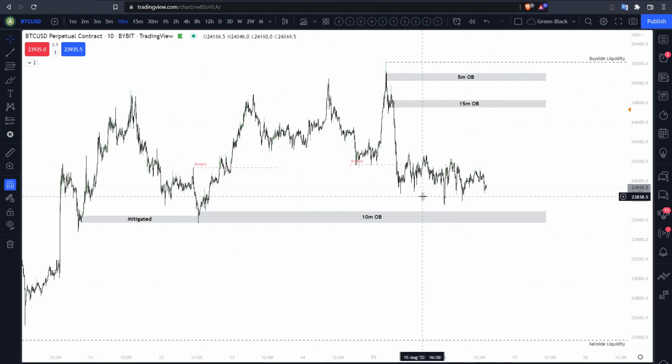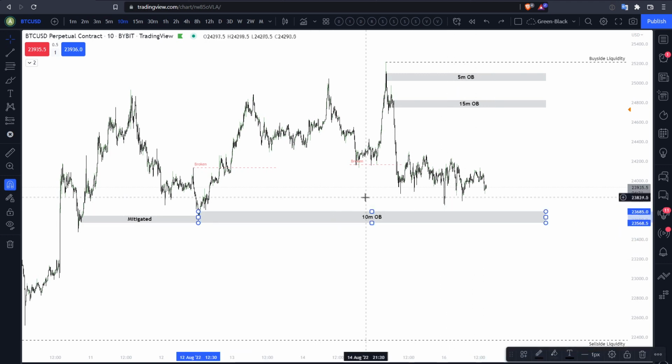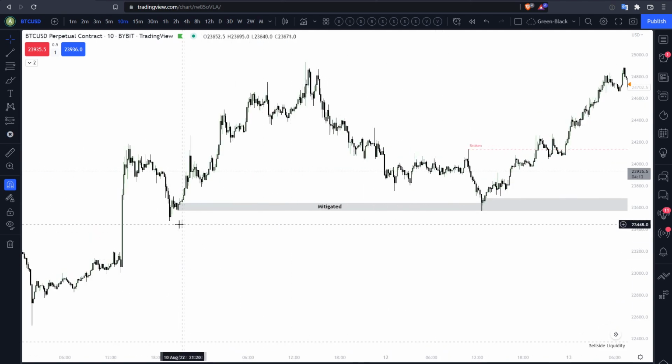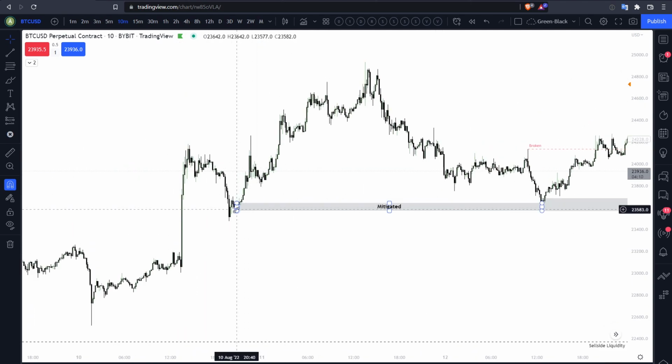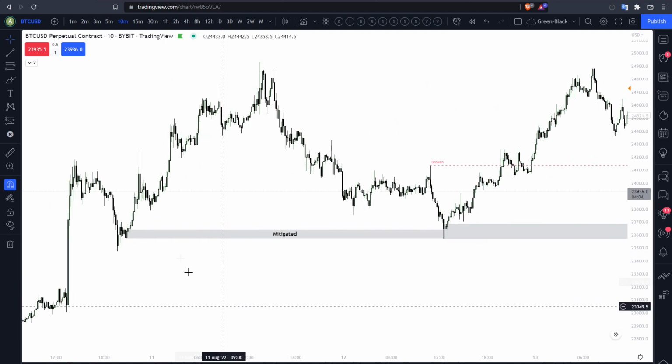The price didn't dip into it, so it's still an unmitigated order block. On the contrary, this order block here, this black candle, last black candle before the move up, this one was already mitigated by this newly created order block.